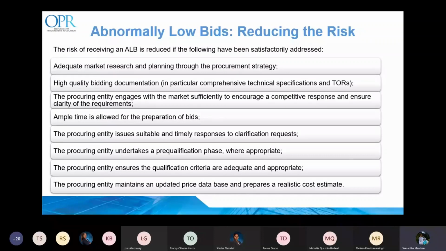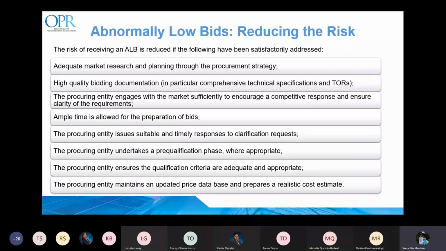Now, to reduce the risk of an abnormally low bid, a procuring entity should undertake adequate market research and planning, develop high-quality bidding documents, and include clear requirements and precise technical specifications, terms of references, or scope of works. Encourage competition and market engagement.